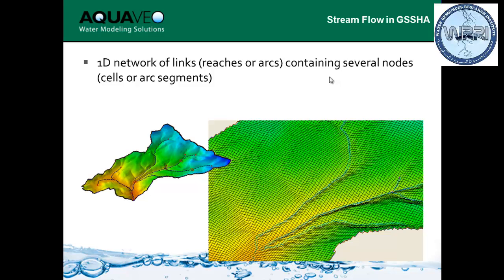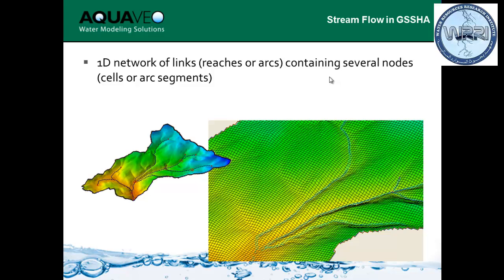A node is a segment along an arc, so it's between two vertices on an arc, or between a vertex and a node on an arc. Each segment of an arc along the polyline that represents the arc is a node. We call that a node in GSSHA.